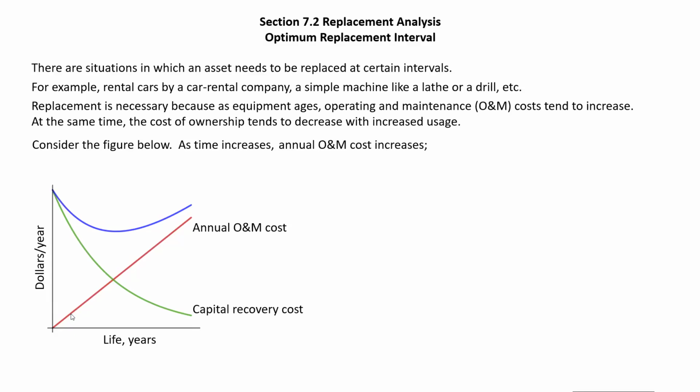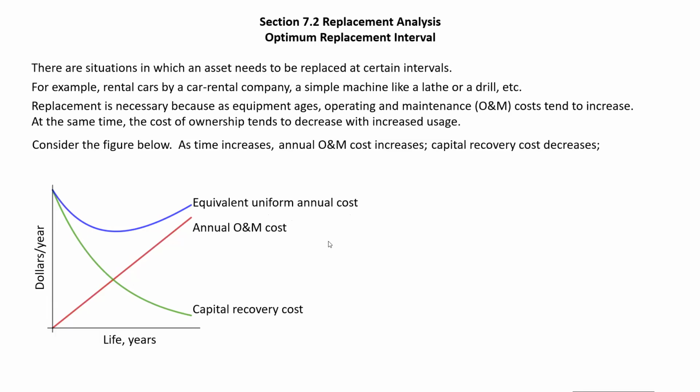And then if you go to t equals 1, the red one has this value and the green one has this value. You add those two, you get the blue value. So you can keep on doing it for every value of t in this case. So that's how you find the blue curve as a sum of these red and green curves, as a sum of the capital recovery cost and the annual operating and maintenance cost. Cool. And that is called equivalent uniform annual cost. Yeah, equivalent uniform annual cost.